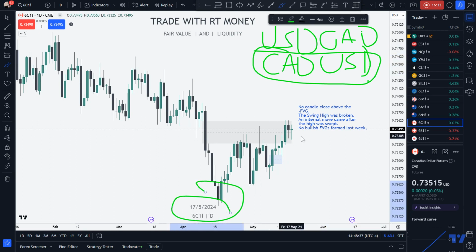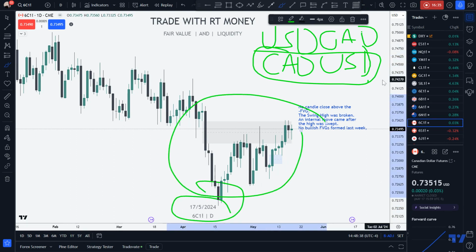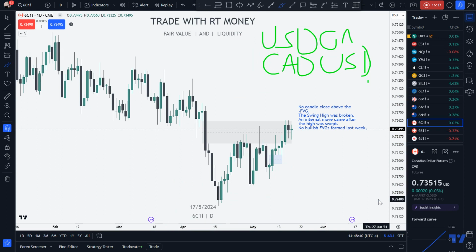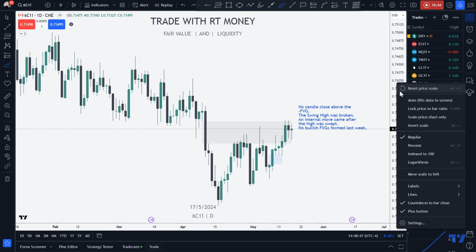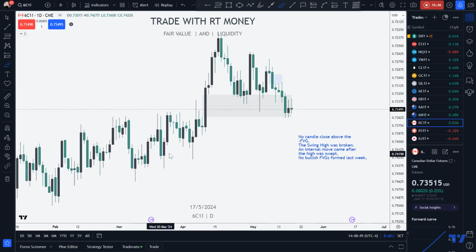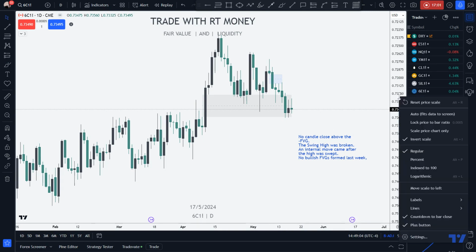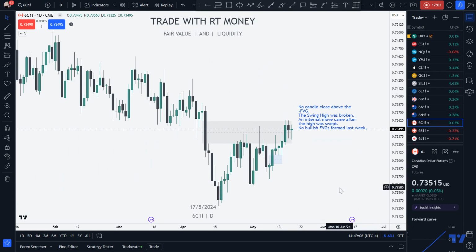This is what we're looking at here. So you'll have to invert this chart to understand how you would play USD CAD. If we invert this chart, it is now USD CAD. So instead of looking for longs, you look for highs, and vice versa. Now let me get my chart back because I tend to forget that it's there.